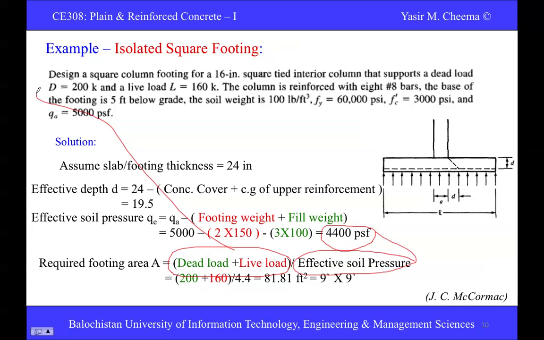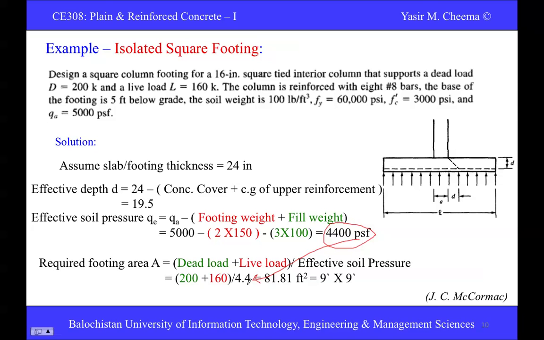The applied loading is given to you: dead load 200 kips and live load equal to 160 kips. So in total it comes to 200 plus 160, which is 360 kips. And this 4,400 pounds per square foot is equal to 4.4 kips per square foot.